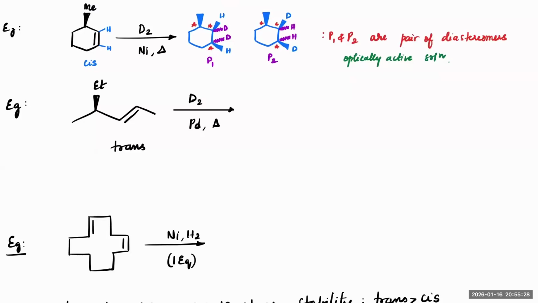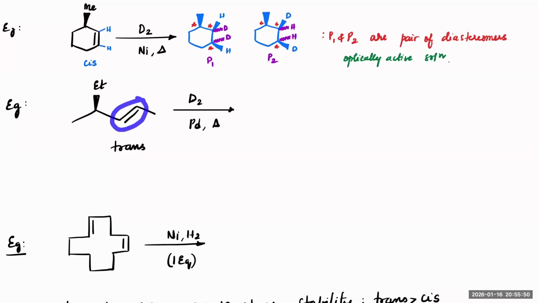So catalytic hydrogenation, everybody, is a syn addition. When you make a syn addition on a cis molecule or a trans molecule, you will end up getting various products. They could be called erythro-kind or threo-kind. In this case, because the groups are on the same side, you call it an erythro.